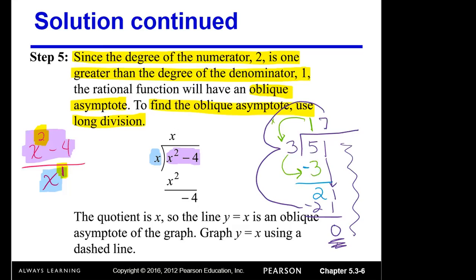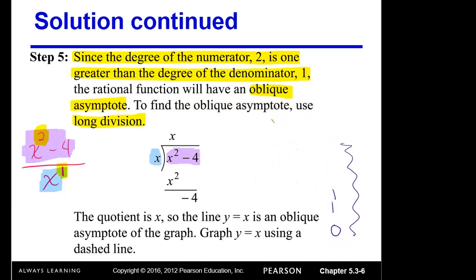But you're doing this with polynomials. The thought process, though, is still the same. You divide, you multiply, you subtract, you carry down. So I'm going to rewrite the problem over here. They're taking x and dividing it into the x squared minus 4.